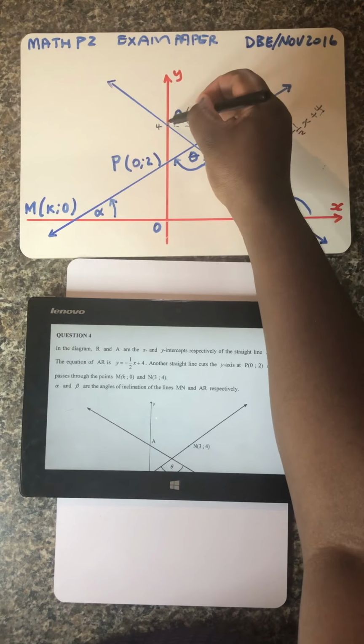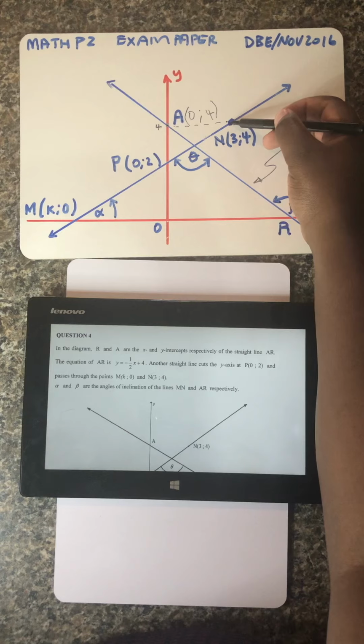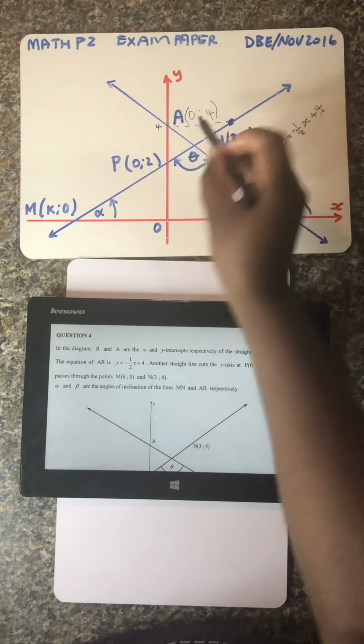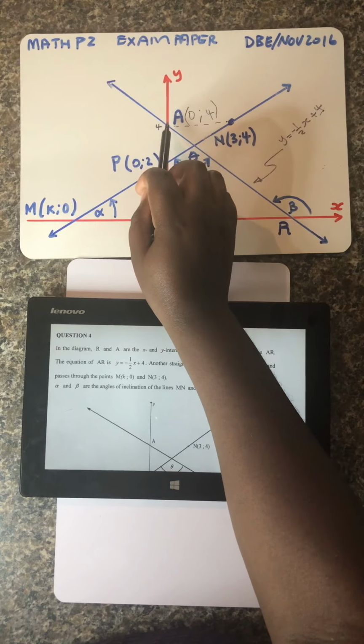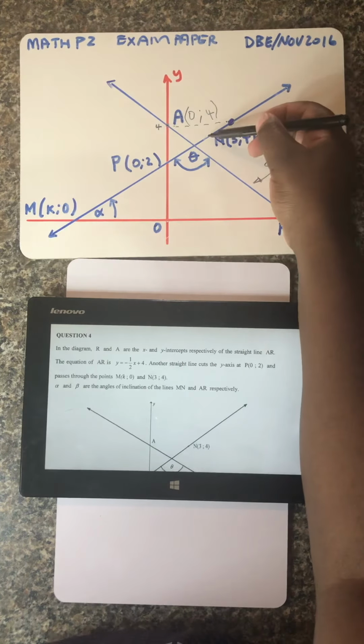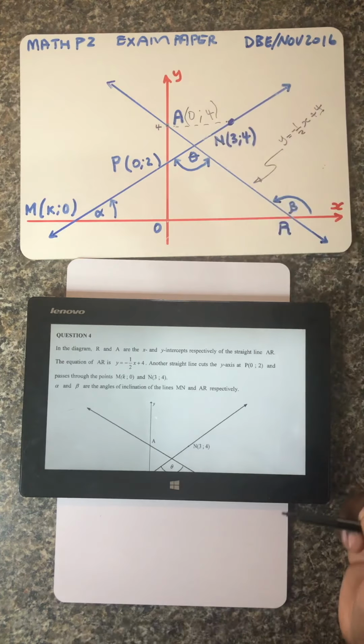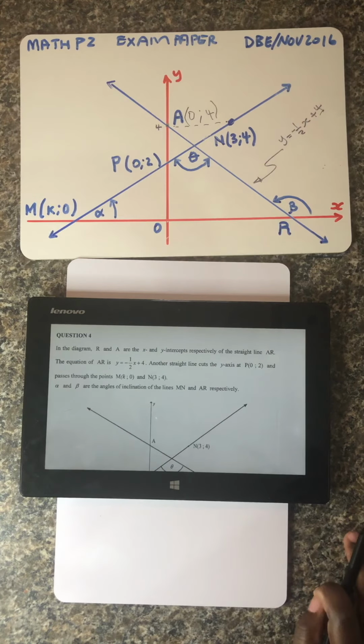So if that point is 4, then it means the y coordinate of this straight line has to align with that 4. It has to be on the same level. Okay, so that means somewhere at that point, maybe the y value is 3. Okay, so guys, this is what I wanted you to notice in relation to what I've just explained.